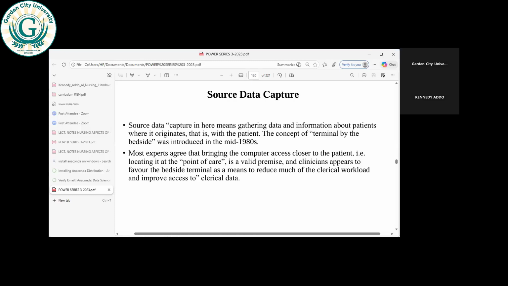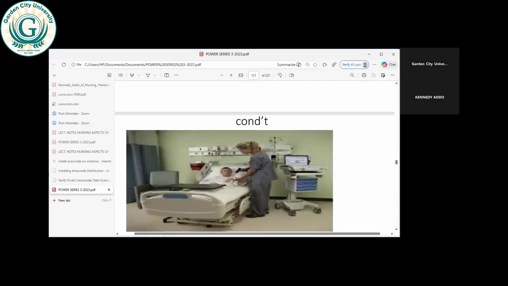Most experts agree that bringing the computer access closer to the patient, locating it at the point of care, is a valid premise, and clinicians appear to favor the bedside terminal as a means to reduce the tedious process of documentation. So most clinicians, most practitioners are in favor of what? The bedside terminal, that is, bringing the computer closer to the patient bed, right? So this is nothing new. It began as far back as the 1980s.